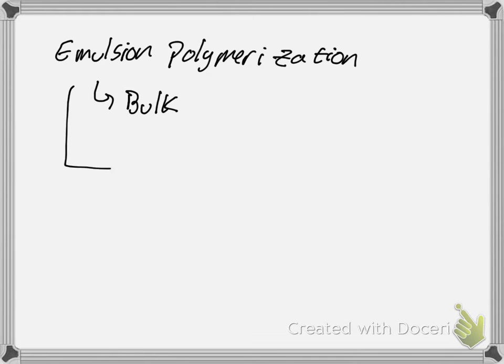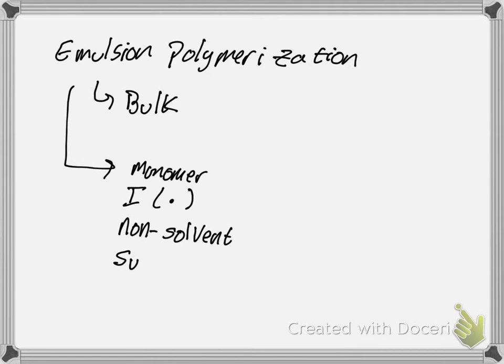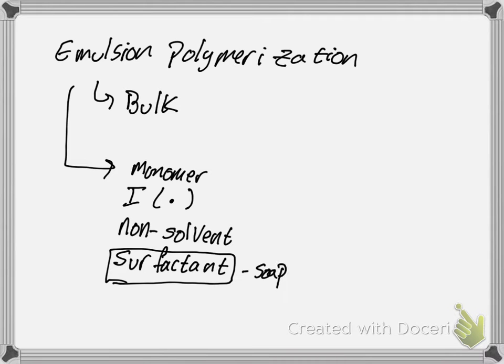With emulsion polymerization, you've got monomer, you've got initiator, once again being a radical, you have a non-solvent, and a surfactant. That's what makes this different. Or honestly, it's a fancy word for a soap.